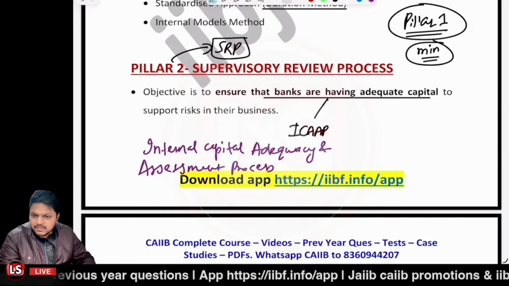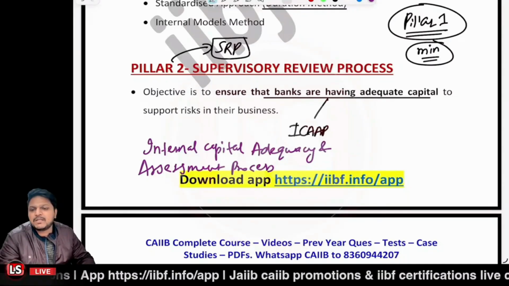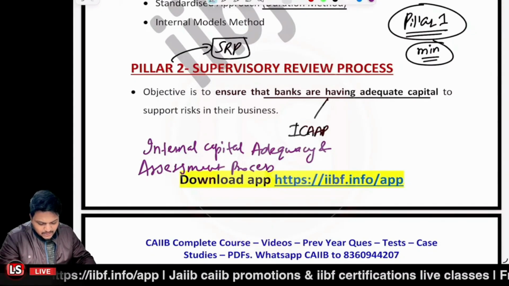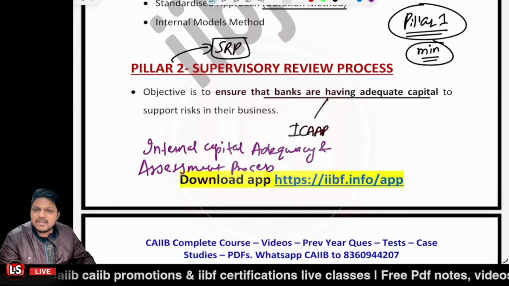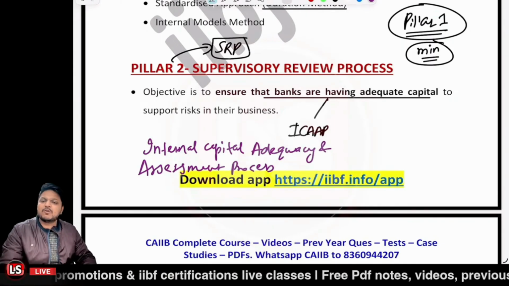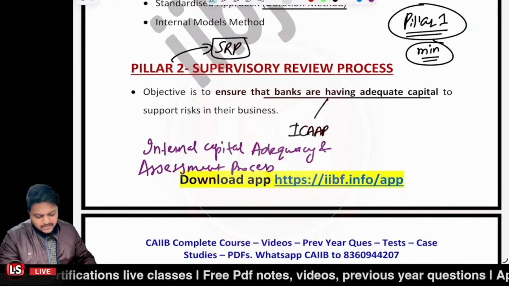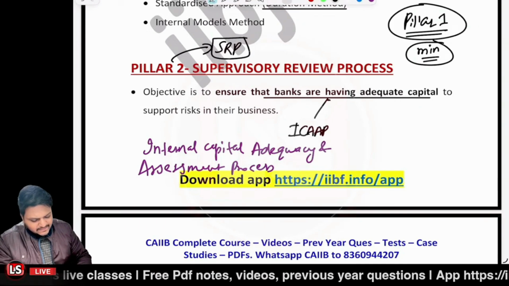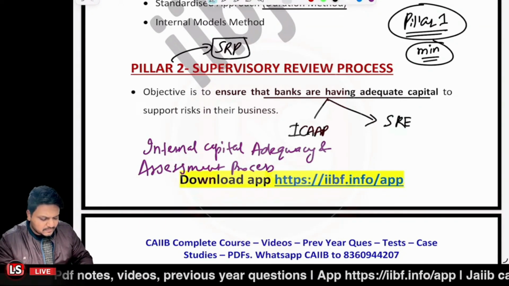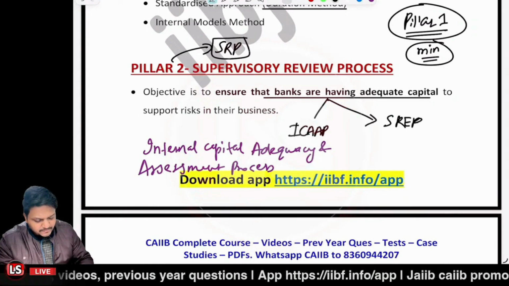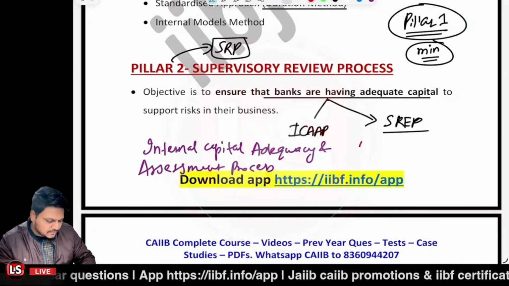So it's a process to check the adequacy of the capital, to assess whether we have the particular capital, yes or no, right? That's it. And the second component of the SRP, the supervisory review process, is SREP. Now SREP is the supervisory review and evaluation process.